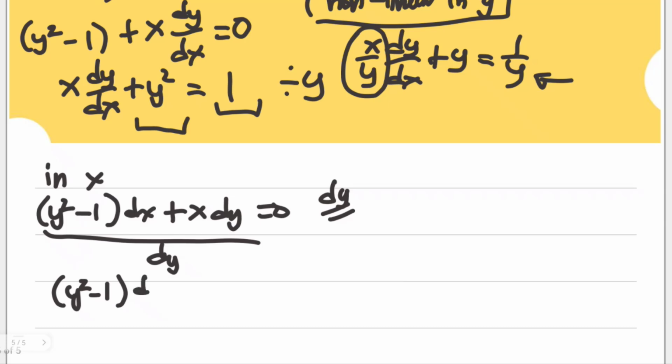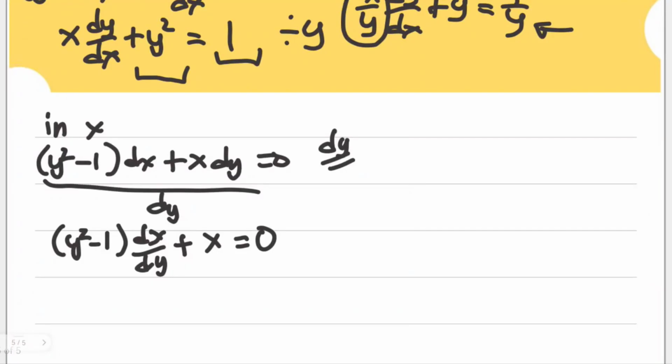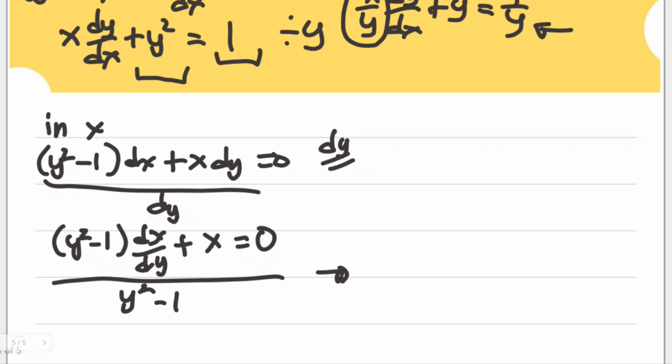You will have dx over dy plus x over y squared minus 1 equal to 0.